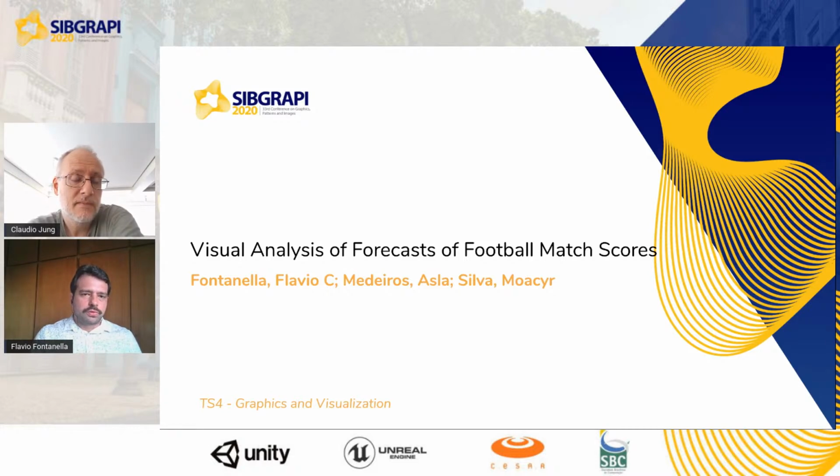We need to analyze other championships, and we'd like to have other models too, so we can compare, because with the visualizations we can see between the matches what were the best forecasts, but we can't conclude if the model was good or not in the end, because we have only one model.